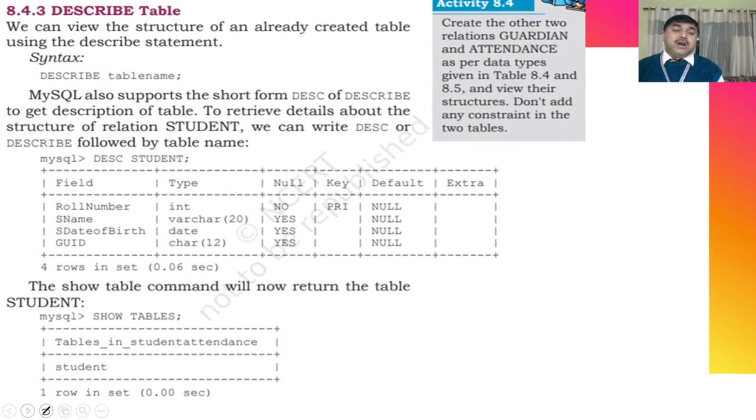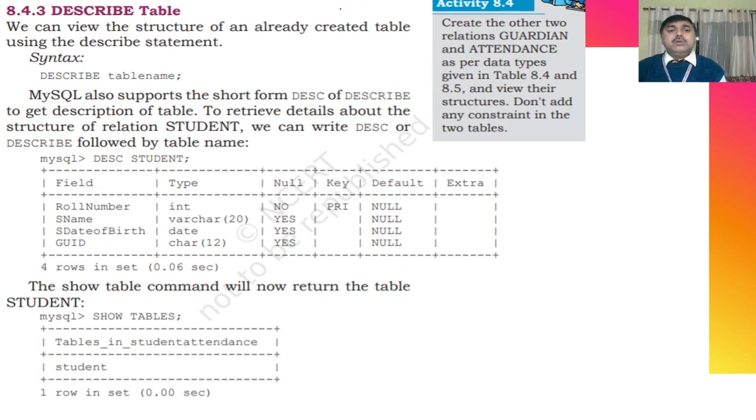So see here, this is the DESCRIBE command in SQL. The DESCRIBE command means this particular command will show you the structure of the table. See here, when it is written DESC student, you can see that the particular pattern will come.